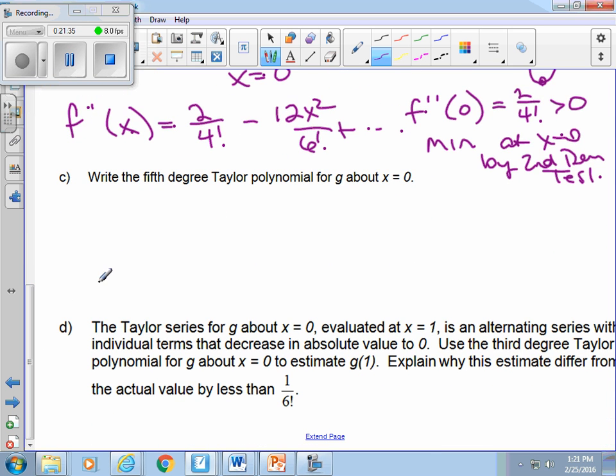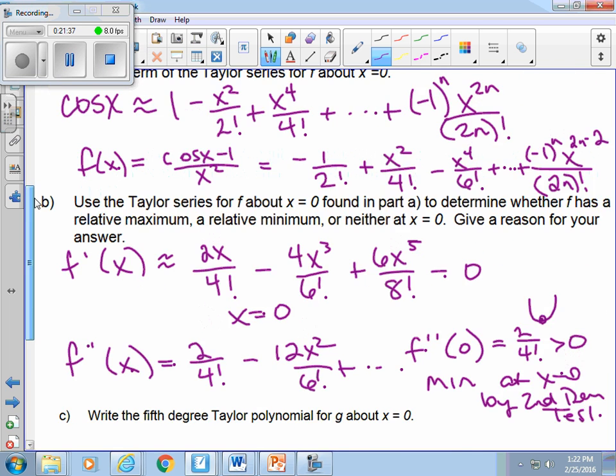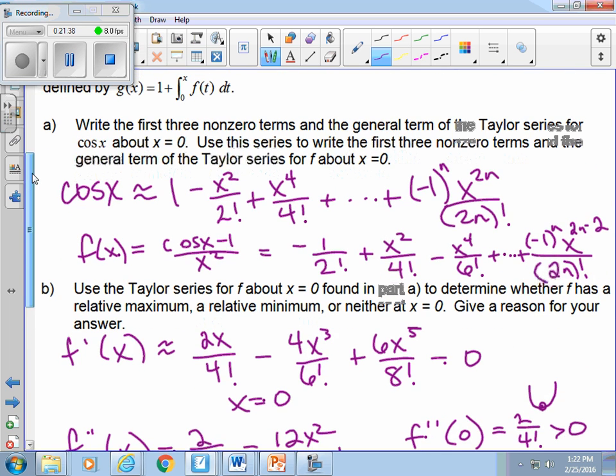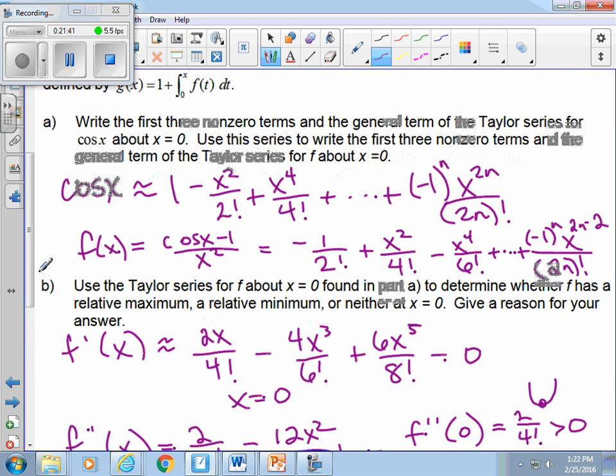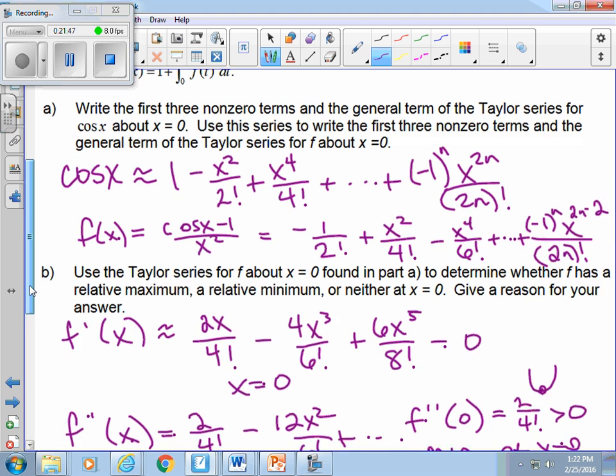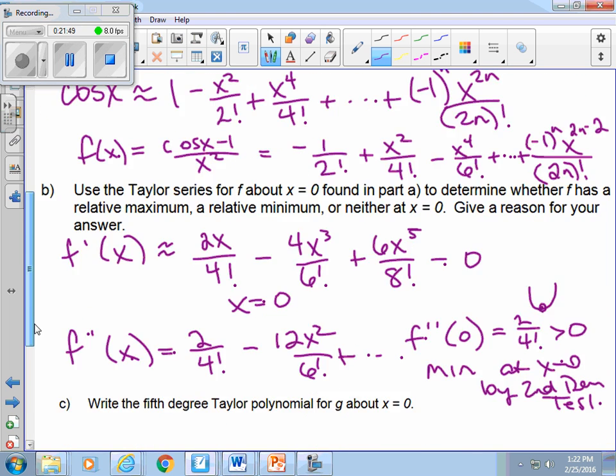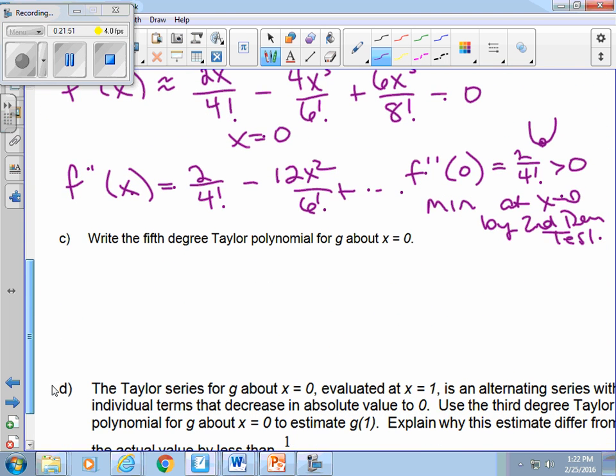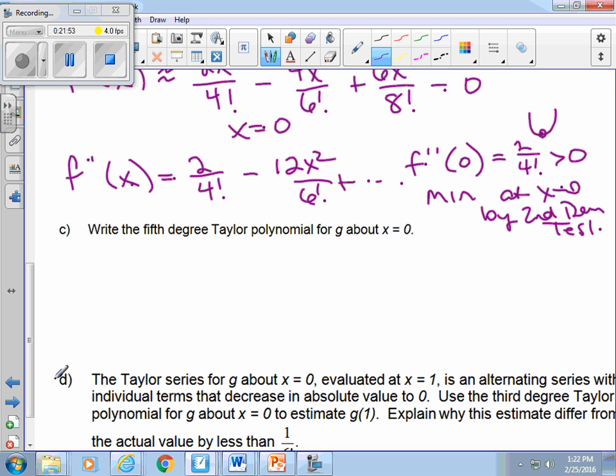Fifth degree for g, which we actually have to go back and see what g is. G is 1 plus the integral from 0 to x of f of t dt. Right? So I'm going to rewrite f of x down here just so it's handy.